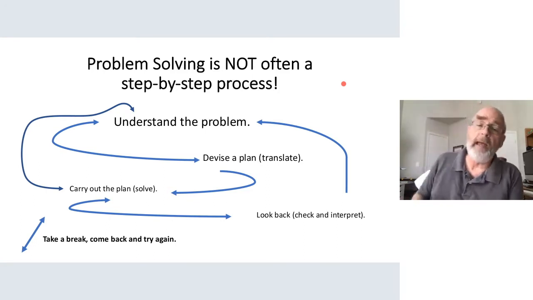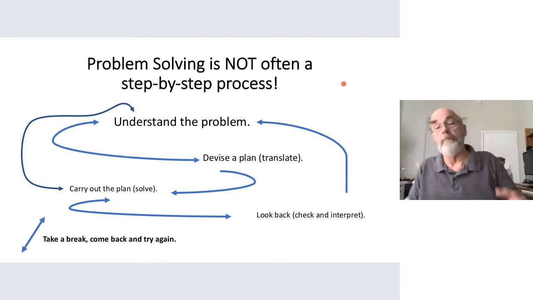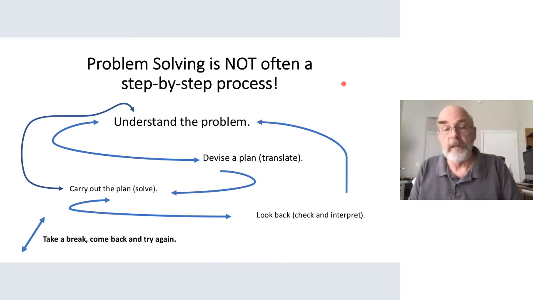So you've got to go back and try to understand the problem again. Maybe you got all the way to the end and found an answer, but then you look back and it didn't answer the original question. You did all your mathematical work and got a number, and that number somehow doesn't make sense. So this process is one where you go back and forth.